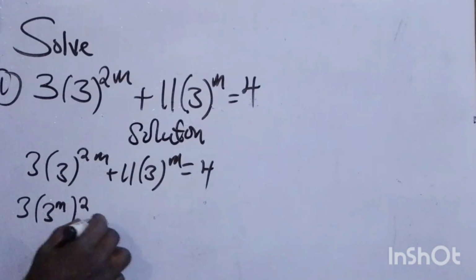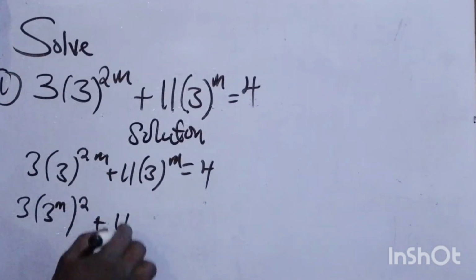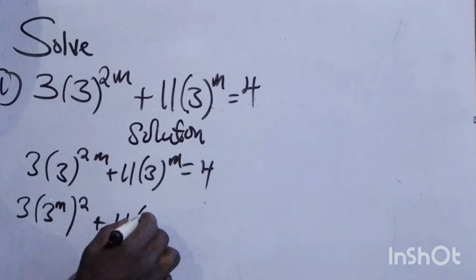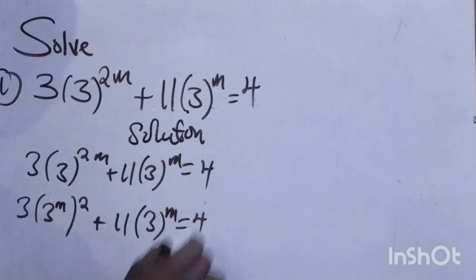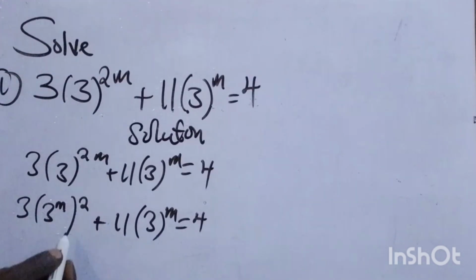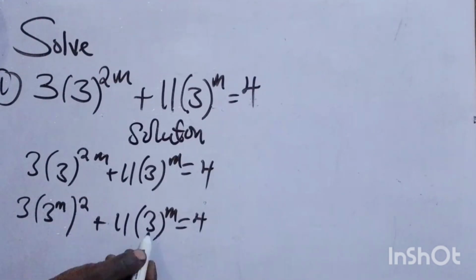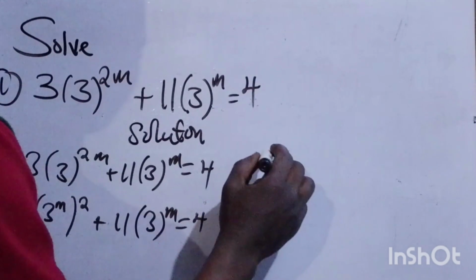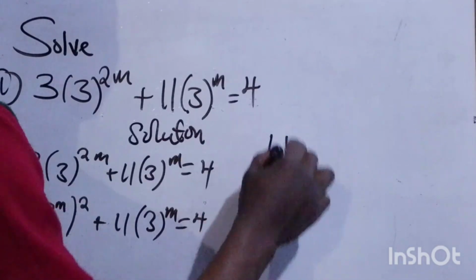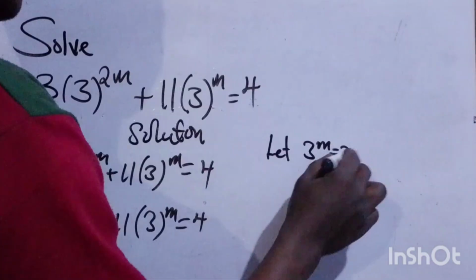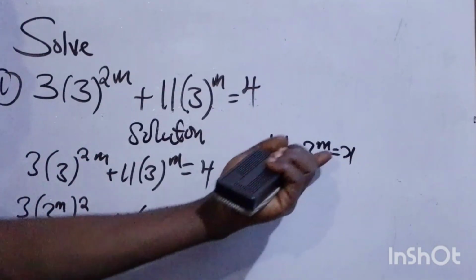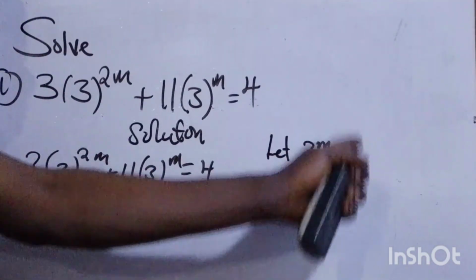Then plus 11(3^m), which should equal 4. Here you have 3^m and 3^m, so we are going to let 3^m equal x, and substitute it with x.